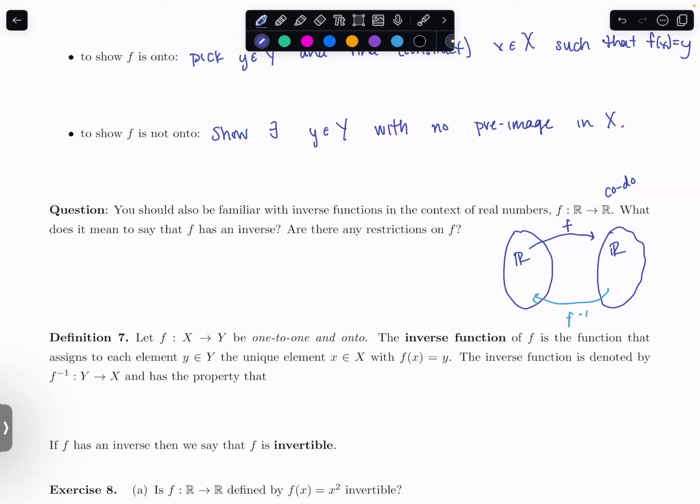So for our inverse here to be a function, everything over here has to map somewhere. That means under the original function f, everything got hit. So the original function f has to be onto in order for f inverse to work, because everything in the domain has to go somewhere. So for a function to have an inverse, f actually needs to be one-to-one and onto.